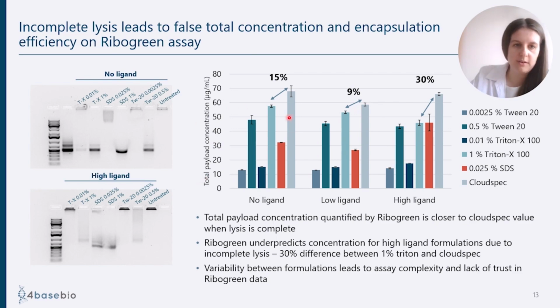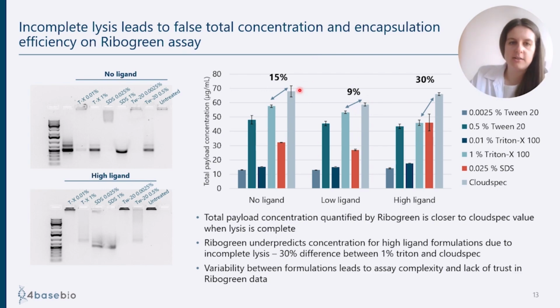When you get what I would consider full release of payload, so in this case the Triton X and the Tween, which is this one, you can see that you get a much higher concentration, although it is still typically a little bit lower than what we've been measuring with the CloudSpec. And so in this case, about 15 and 9% difference between that Triton X at 1% and the CloudSpec measurement.